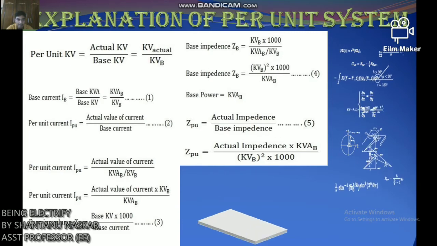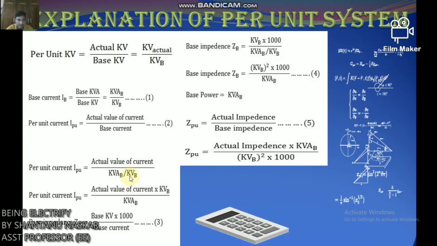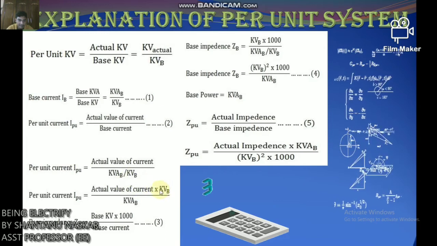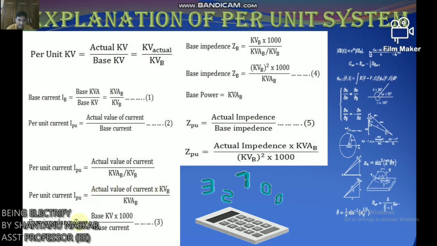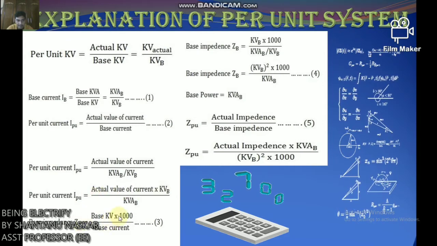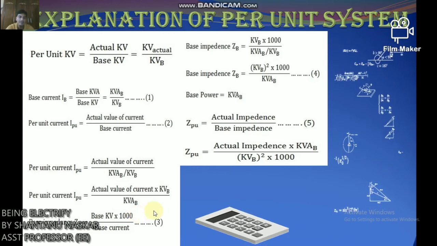Now, base impedance ZB equals base kV into 1000 by base current, which is equation number 3.